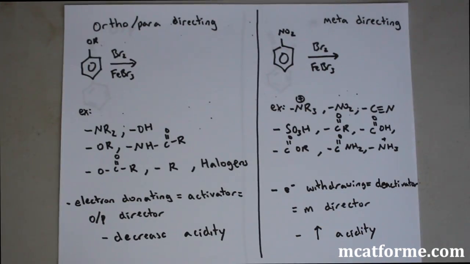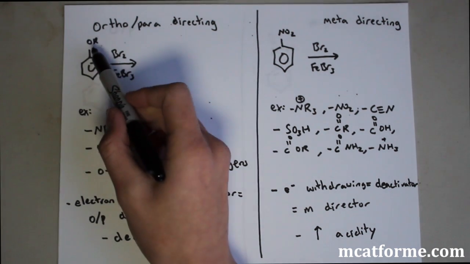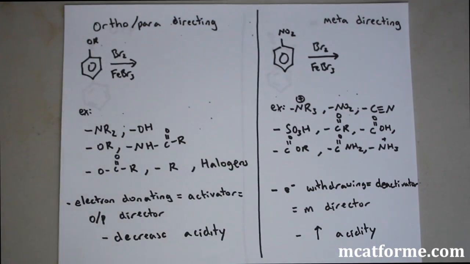So finally, this is a lot to take in, but this is probably the hardest part that you guys remember from Ochem: ortho-para directing or meta directing, which are also known as activators and deactivators. When we're looking at these groups, we have an OR here, and in this case an NO2. How do we know whether we're going to get an ortho, para, or a meta?